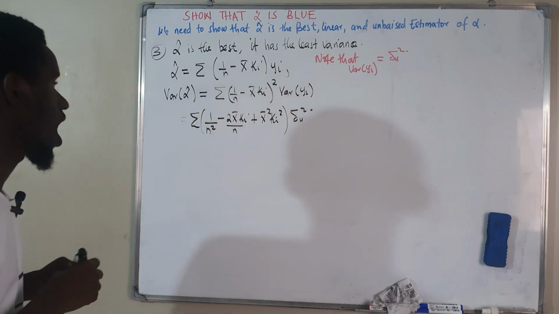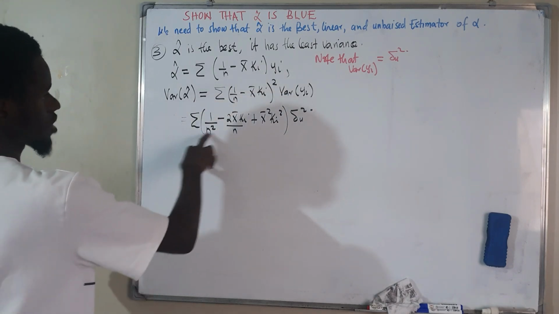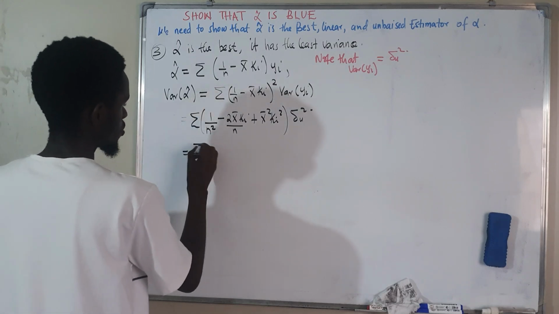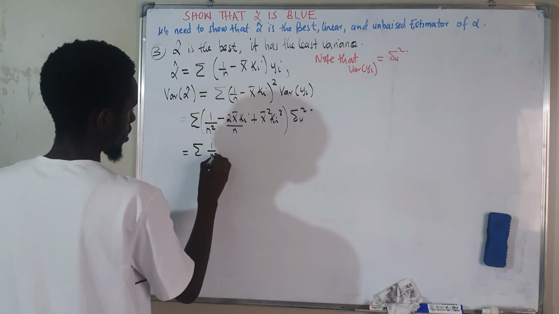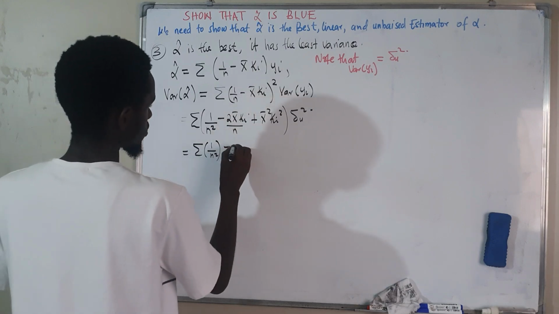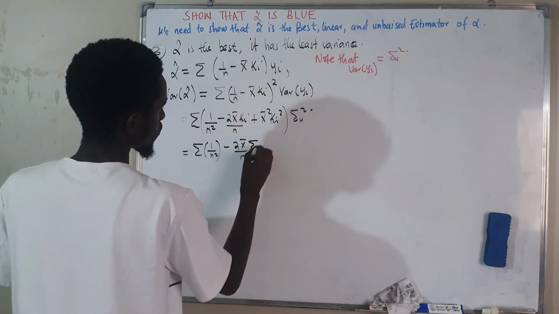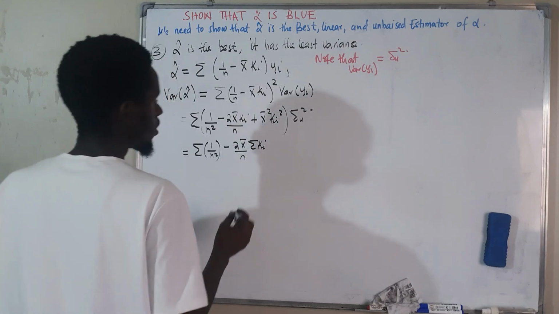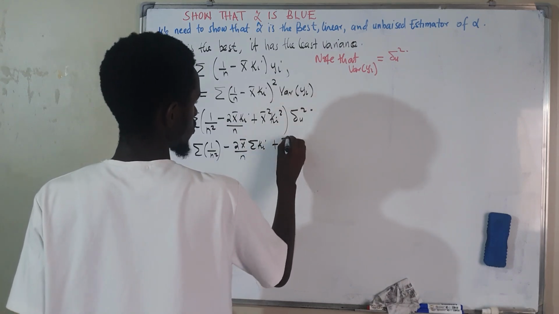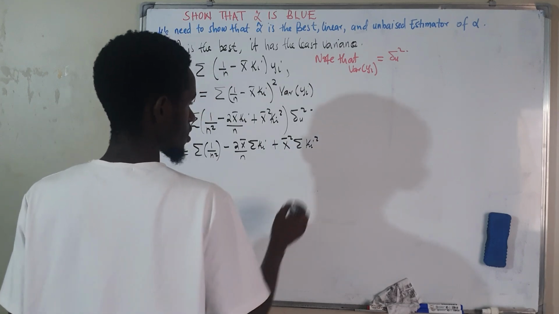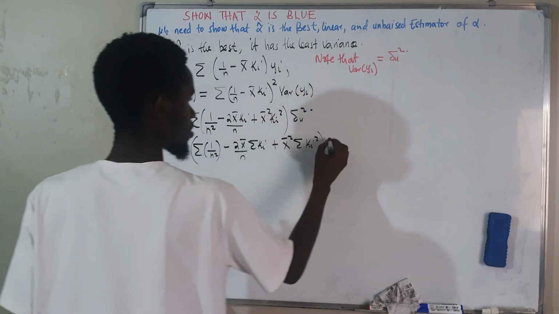Now I'm going to enter this summation inside. It becomes the summation of 1 over n squared, minus 2 x bar over n times the summation of ki, plus x bar squared, because it's a constant, times the summation of ki squared, everything times sigma u squared.